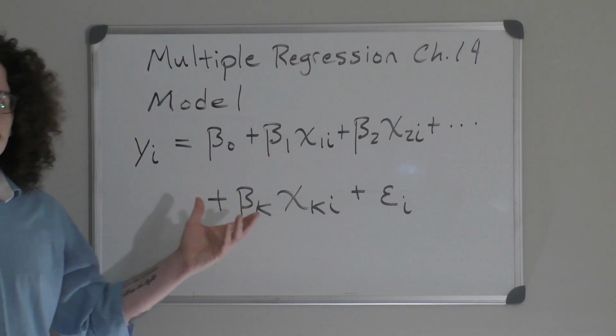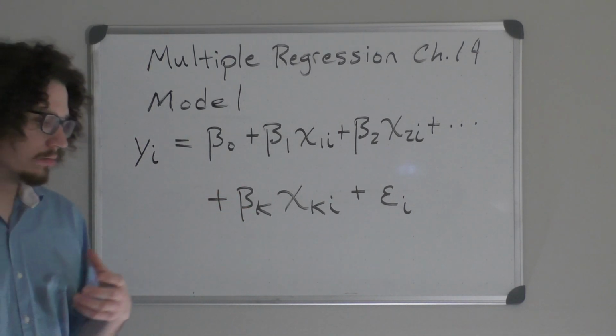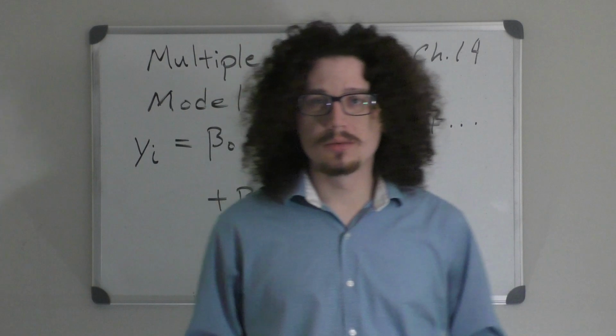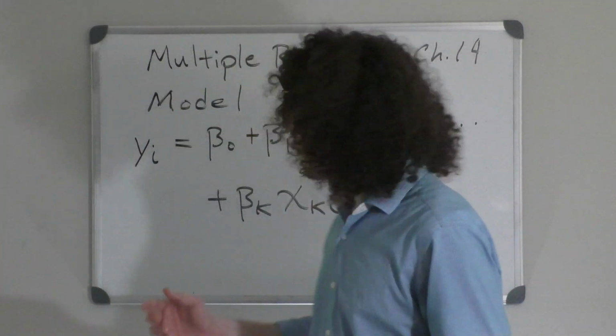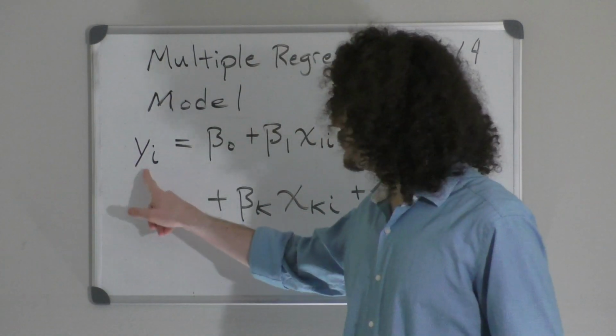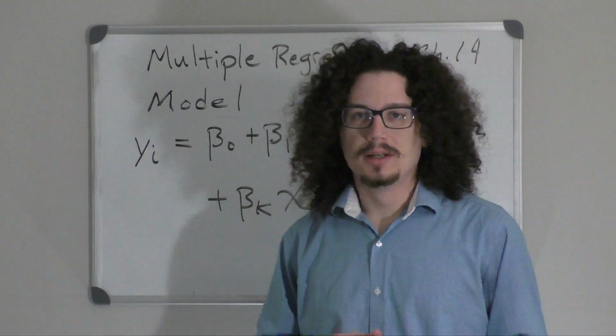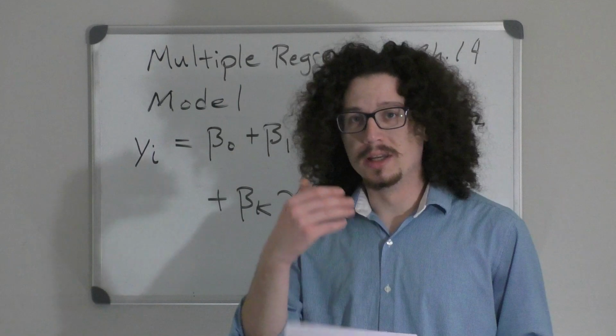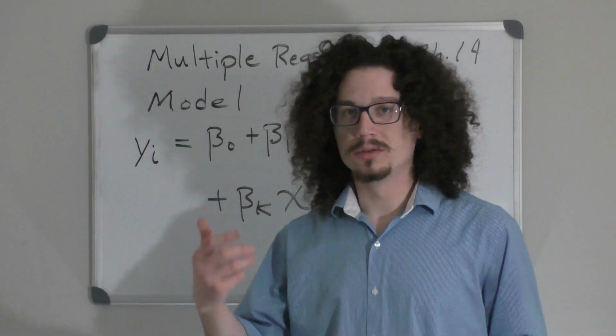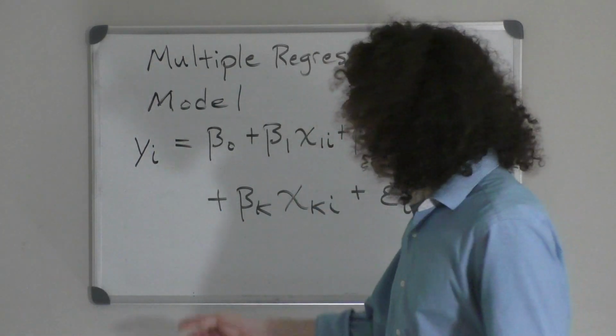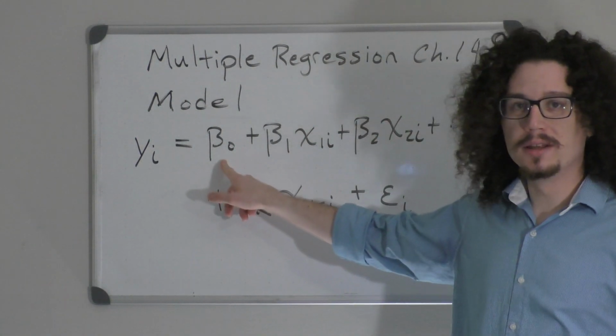When we're looking at this, just like in our simple linear regression, we have multiple variables, right? Just more of them this time. So yi, that's going to be the ith observation of our dependent variable, whatever it is that we're trying to predict, what we're trying to get a predicted value for. Beta naught is going to play the same role.